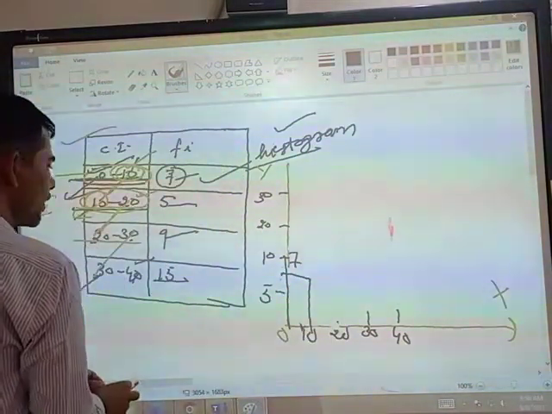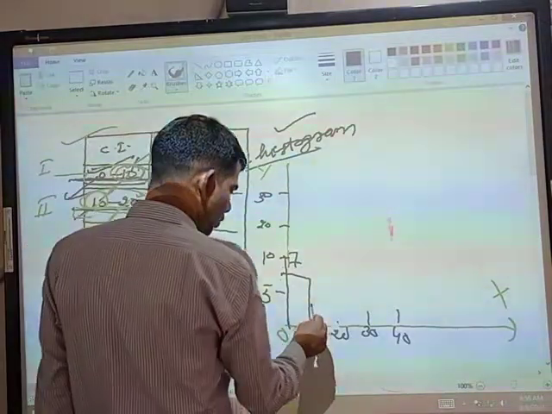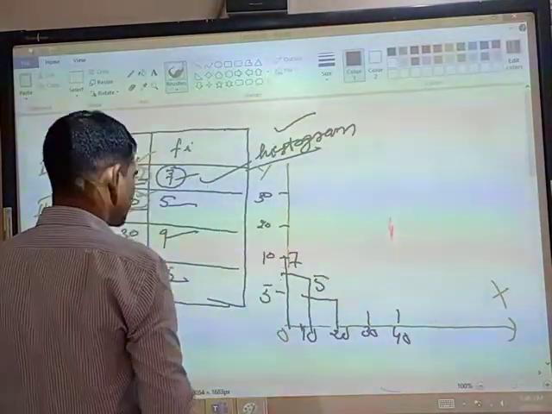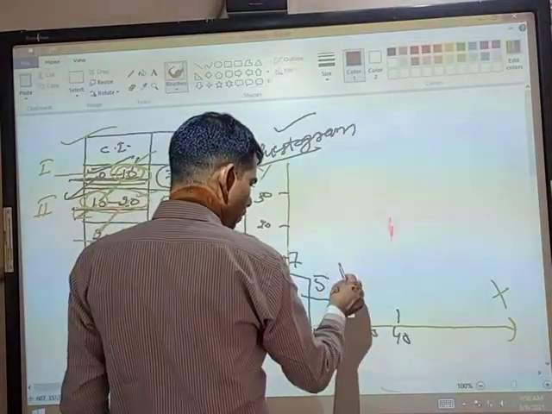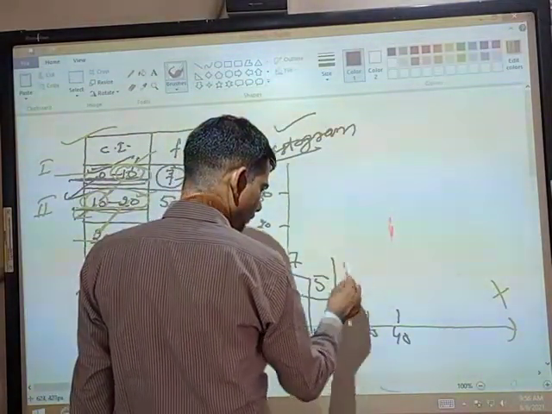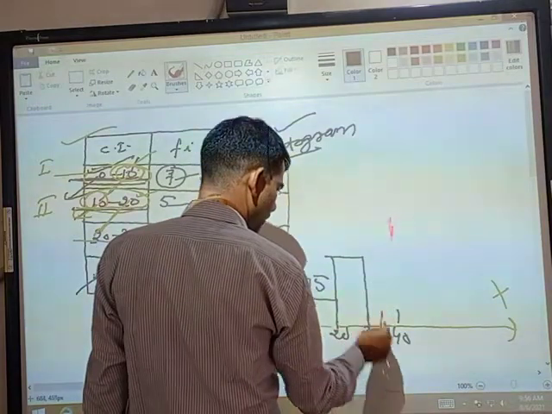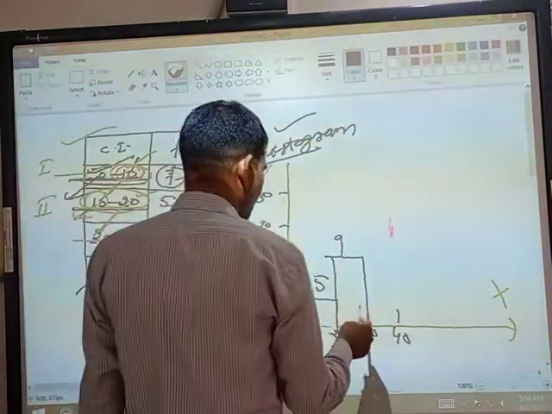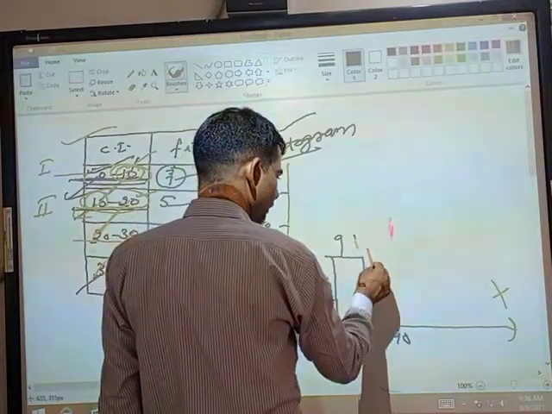Now 10 to 20 is 5. Next, 20 to 30 is 9. And 30 to 40 is 15.